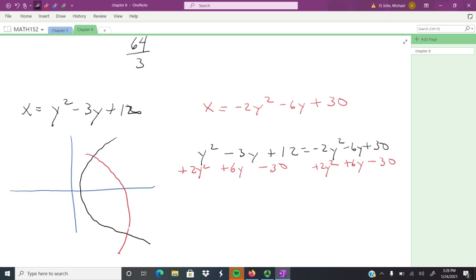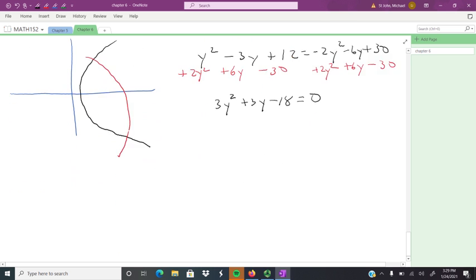And so we end up with 3y squared plus 3y minus 18 equals 0. Well, then I could factor a 3 out. So y squared plus y minus 6 equals 0. And then this could be factored. So (y plus 3)(y minus 2).